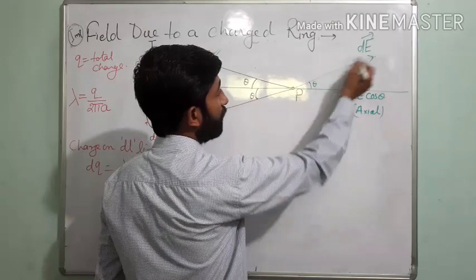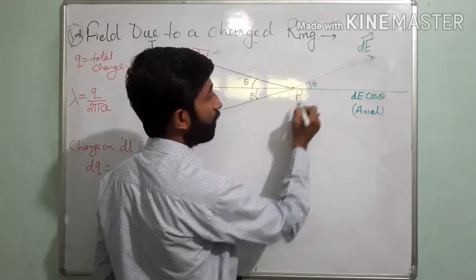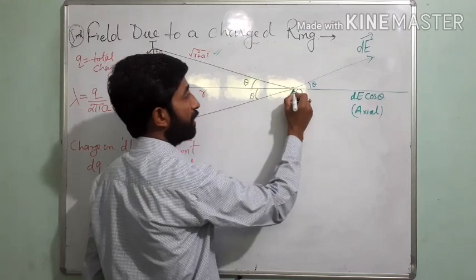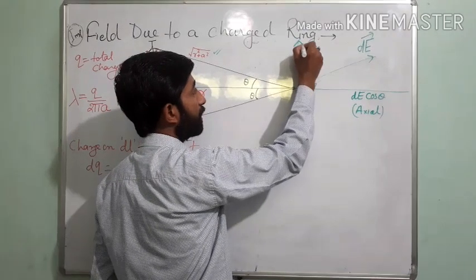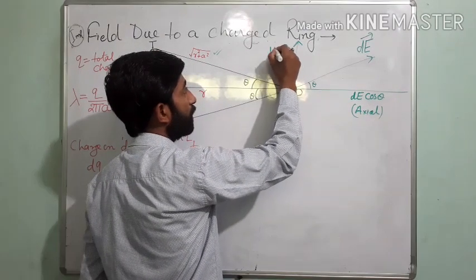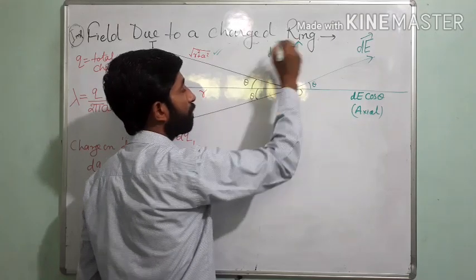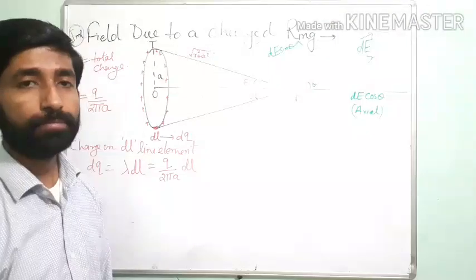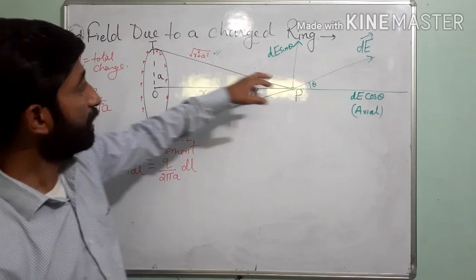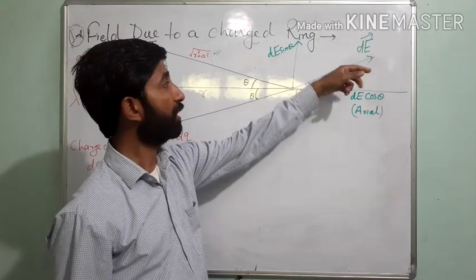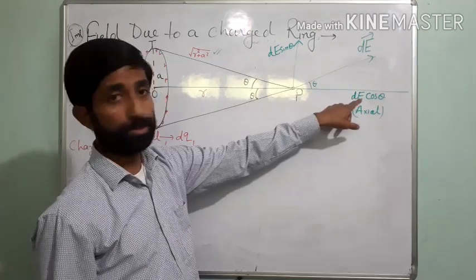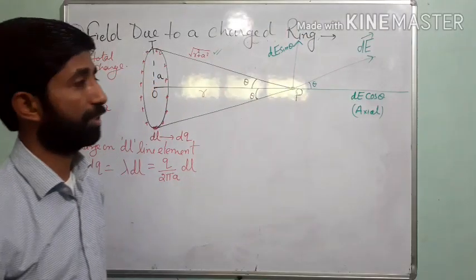Its vertical component will be perpendicular to this axis, and it is equal to dE sin theta. Okay, this is the splitting of the electric field into horizontal and vertical components.